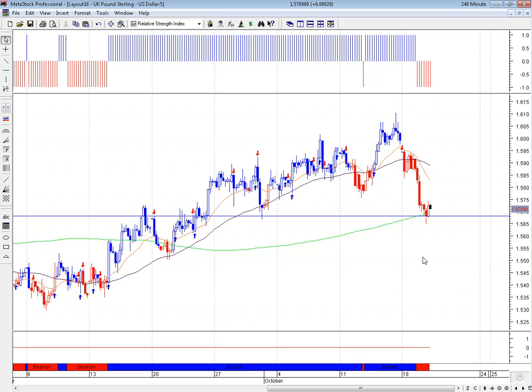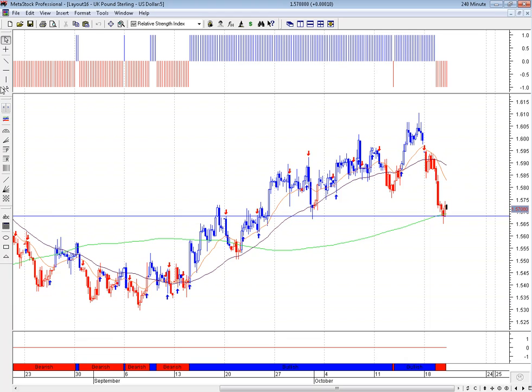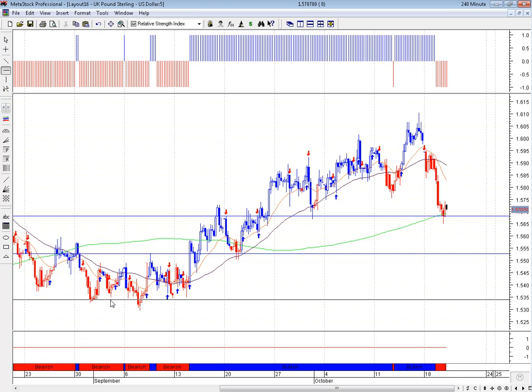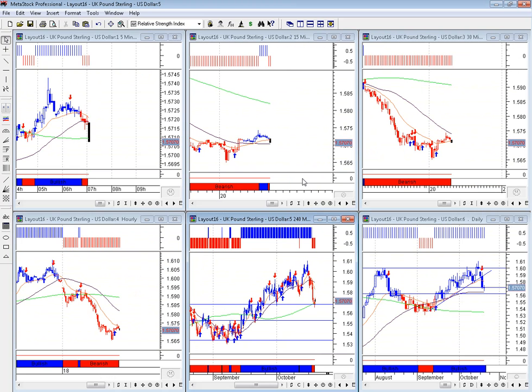A failure to find support of this area, we'll see the pair trading for the first time below this 200 period moving average in as many days, and this would set up an opportunity to see if we could find some more downside movement. There's some around here, in between the 1550 area, and ultimately there's some right down here just below the 1535 mark. That's on a 4 hour time frame.